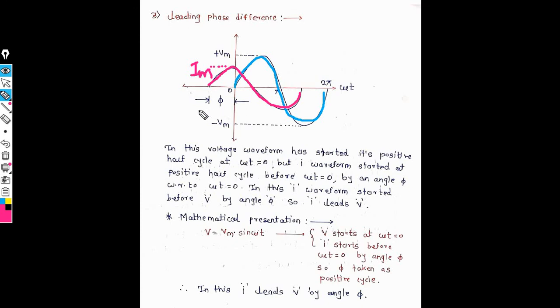That means the current I leads the voltage by angle phi. The equation of the voltage is V is equal to Vm sin omega t.